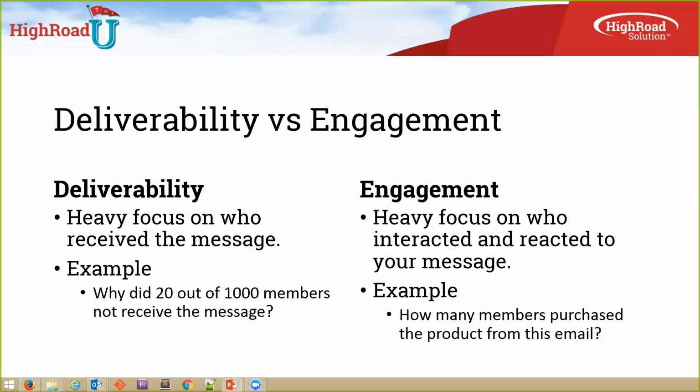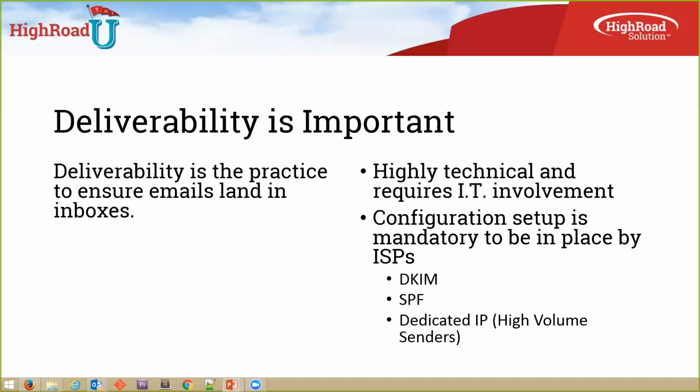What happens is deliverability becomes a whole lot better, right? Deliverability is still important. There's a lot of configurations that go into deliverability. And again, that's a technical conversation, right? It requires some configuration. There's DKIM, there's SPF. There's, you know, the dedicated IP for people that have a high sending volume.